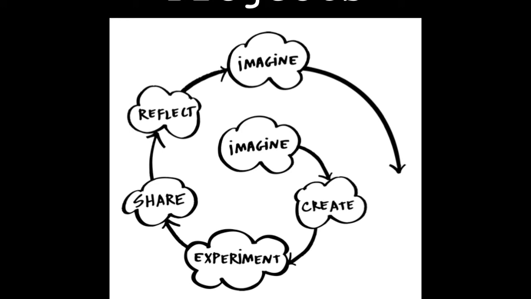As young people create Scratch projects, they engage in the creative learning spiral that you see here. They first imagine what they want to do, create a project based on their ideas, play with their creations, share their ideas and creations with others, reflect on their experiences, all of which leads them to imagine new ideas and new projects.